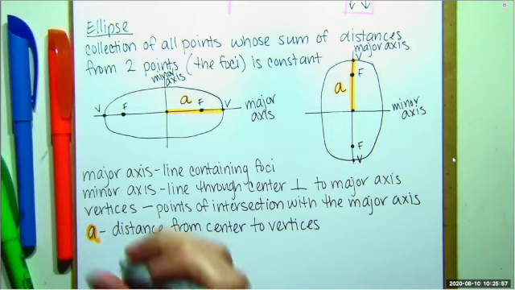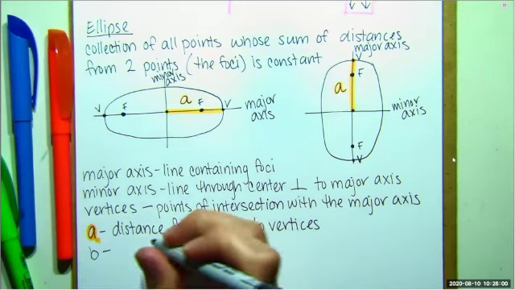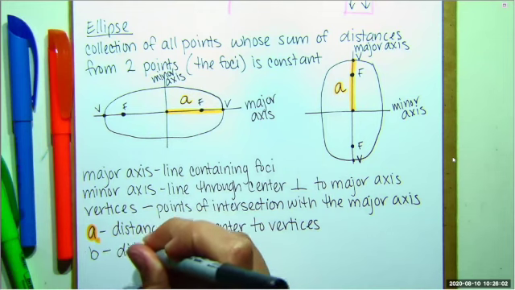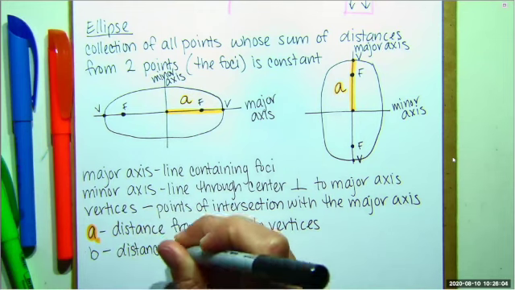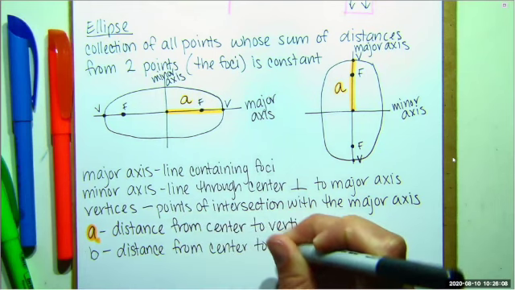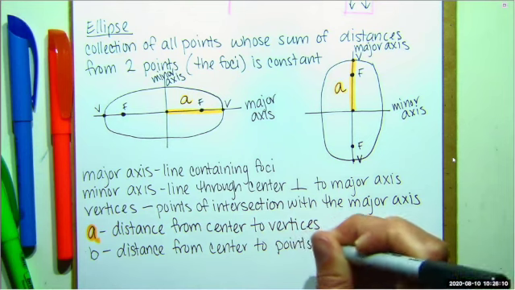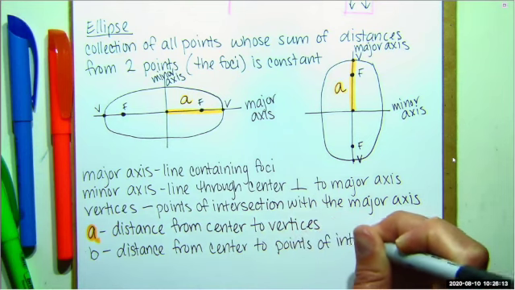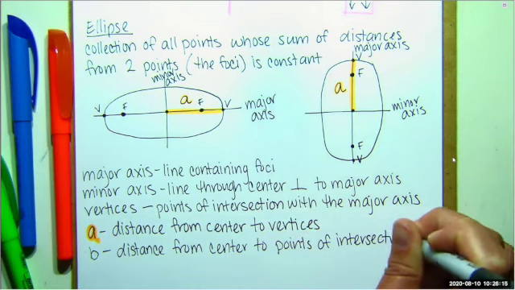The next distance we're going to measure is B. This is the distance from the center to the points of intersection with the minor axis.